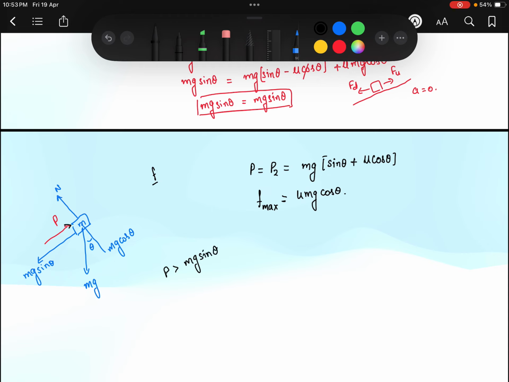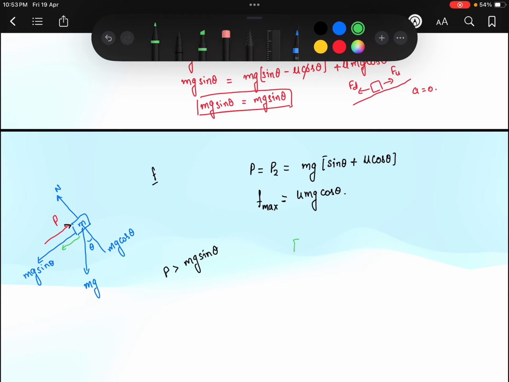Okay, so in this case friction will change its direction, because what friction does is it always tries to keep the bodies together. So friction will change its direction and friction will be acting in the downward direction here.